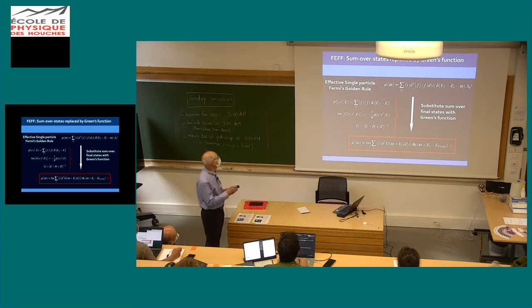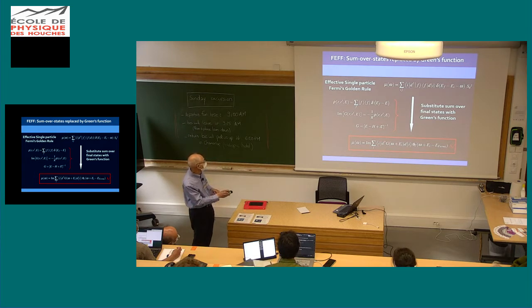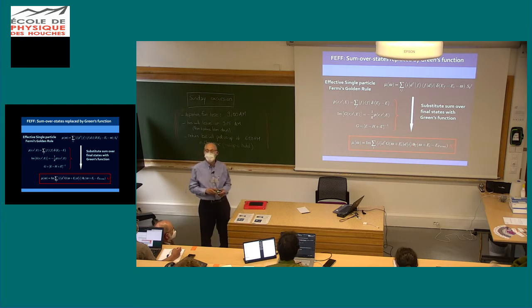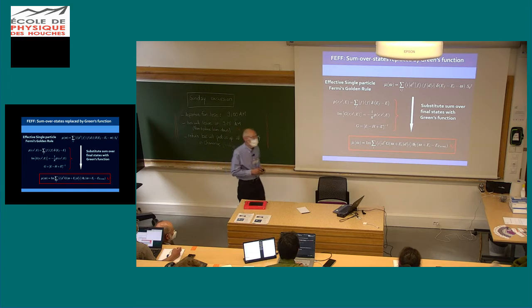And so if you do sum over states, and you do this by replacing this with the Green's function, and this is implicitly the spectral representation of the density matrix, then you get this equation that you've seen before, that I wrote down. However, the theta function is actually a broadened step function, broadened by the core hole. And at finite temperatures, this would turn into a broadened Fermi function.